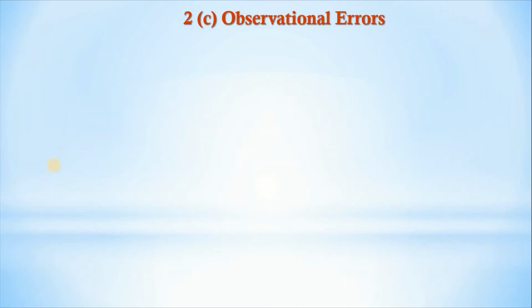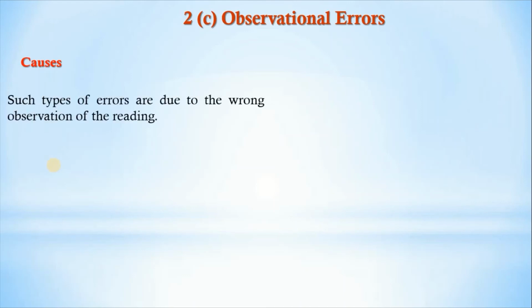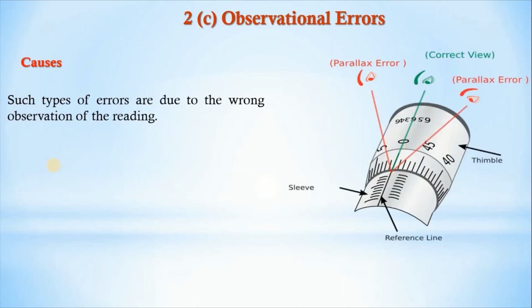Then observational errors, the third systematic error. Such errors are caused due to wrong observation of the reading. Here you can see this parallax error, that observational error we can call a parallax error. If we are looking at the readings on the instrument in an inclined way, then this parallax error can arise.